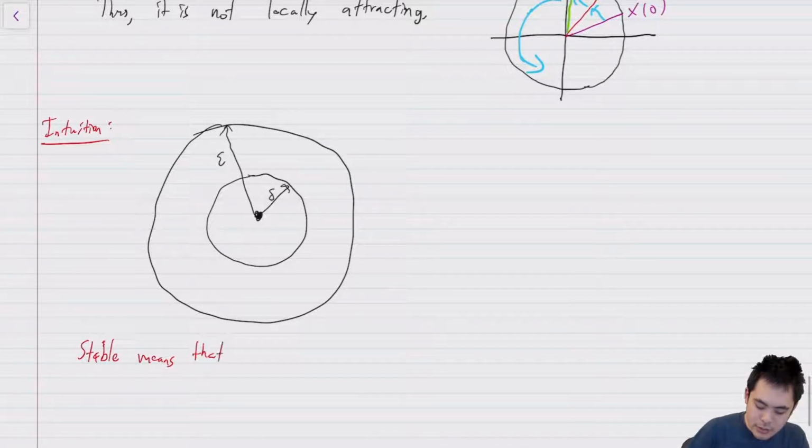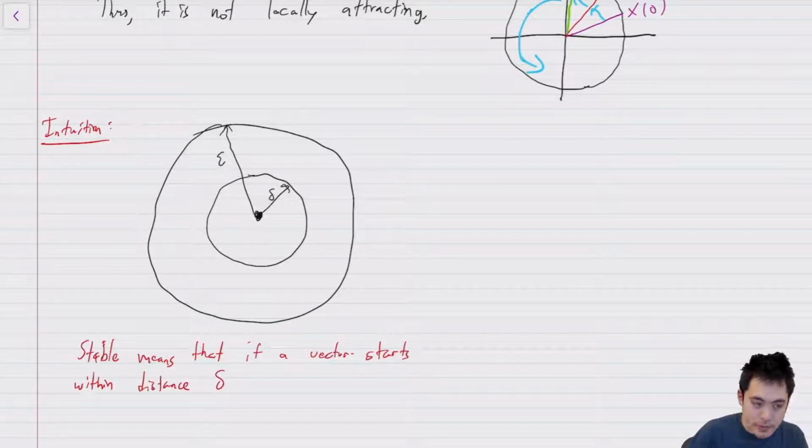And so stable means that if a vector starts within distance delta, it stays within distance epsilon forever.